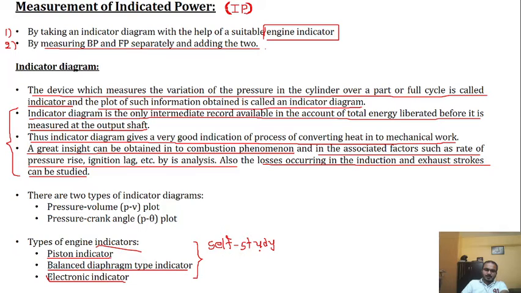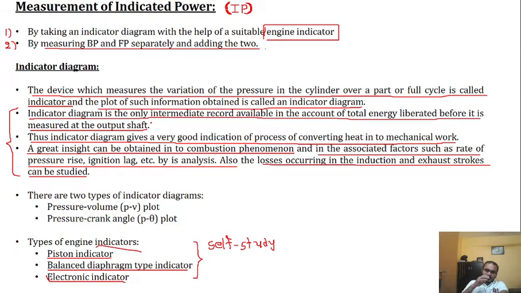And we discussed that the indicator diagram is the device that measures variation of pressure in the cylinder over a part or full cycle. So this is the only way we can get the details about total energy liberated before it is measured at the output shaft.